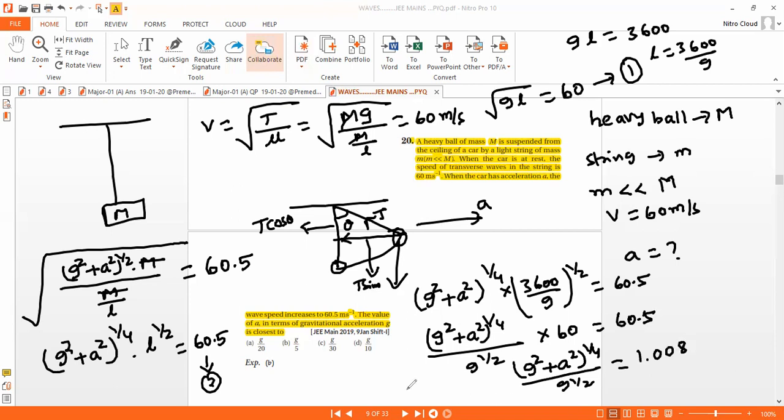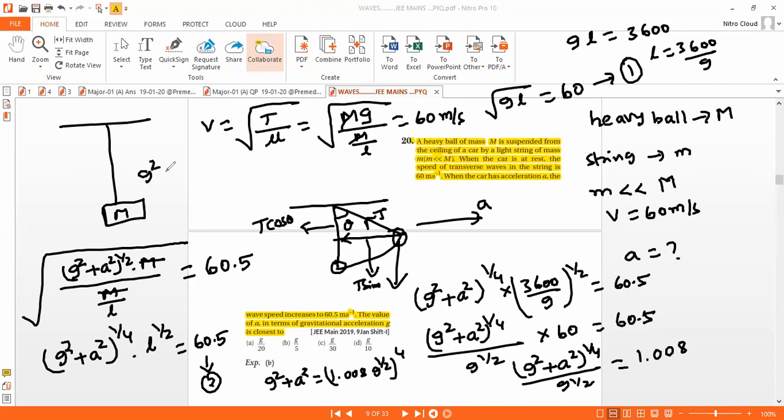Now, I need to find A. So, G square plus A square is (1.008 into G power half) whole power 4. 1.008 power 4, that is 1.032.